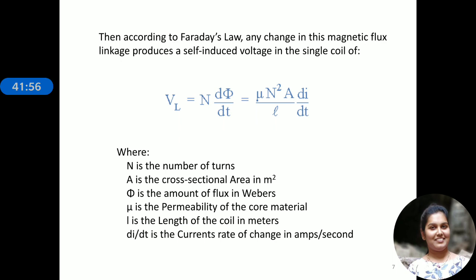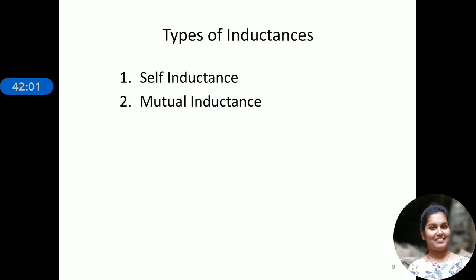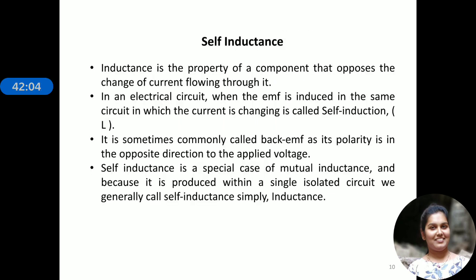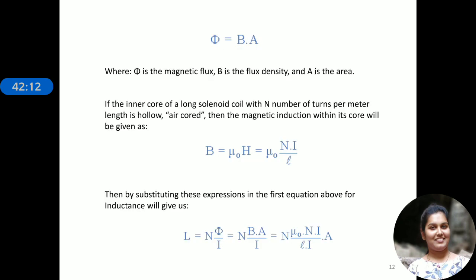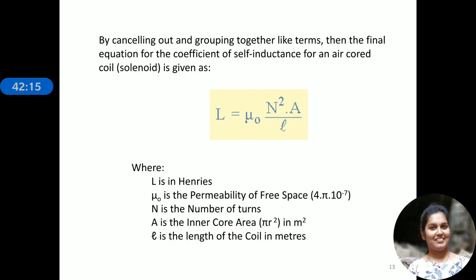The symbols for inductors have been discussed, and later on we discussed the different types of inductors, and from that what is meant by self inductance was learnt, and what factors can influence the self inductance, and the ways we can change the self inductance, have been discussed in today's session. And in the next video we'll discuss what is meant by mutual inductance, and also what is meant by coefficient of coupling.